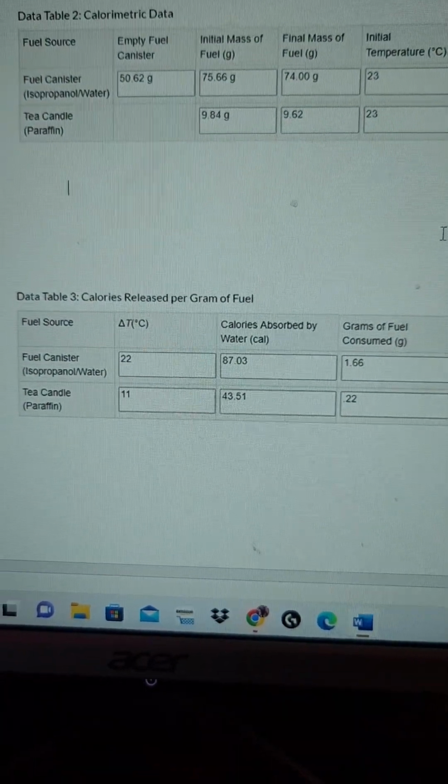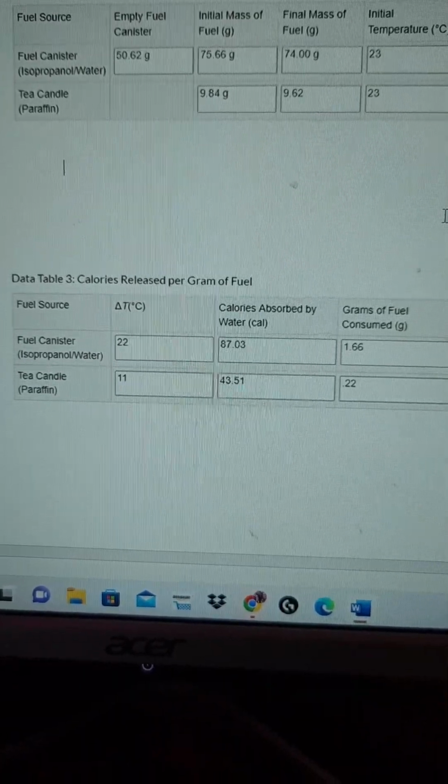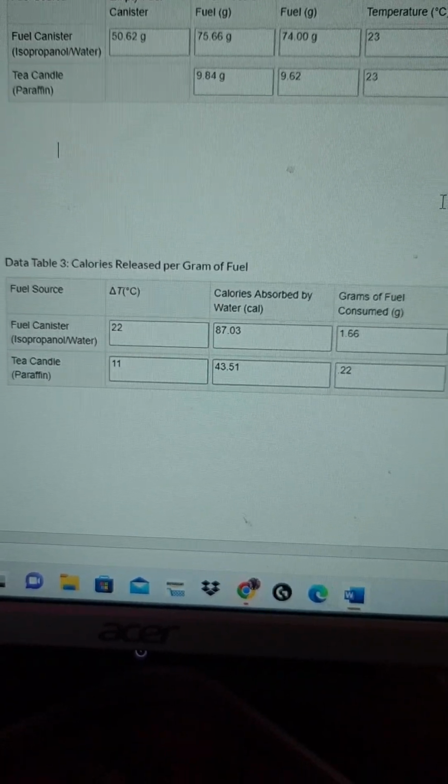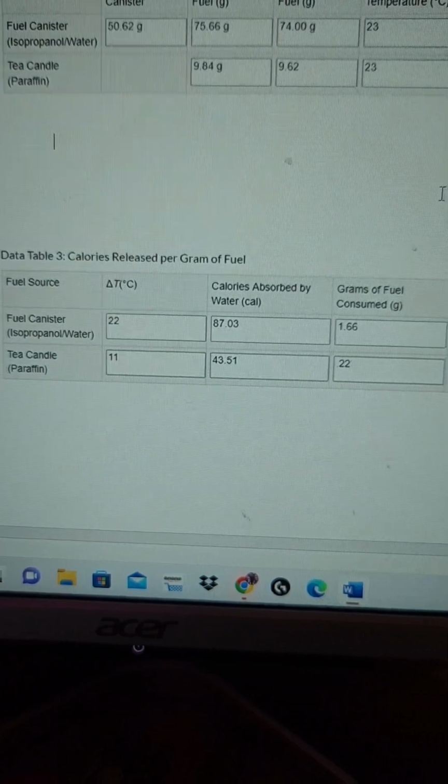Therefore, getting in Table 3 fuel canister isopropyl water at 22 Celsius and the tea candle at 11.